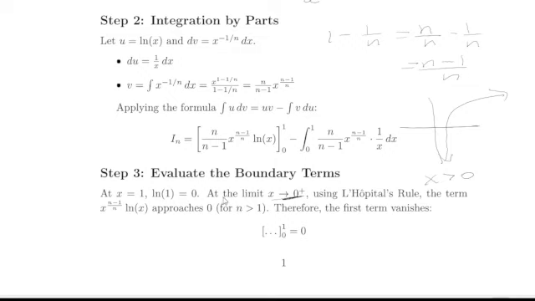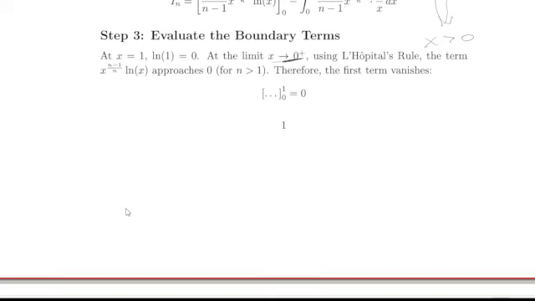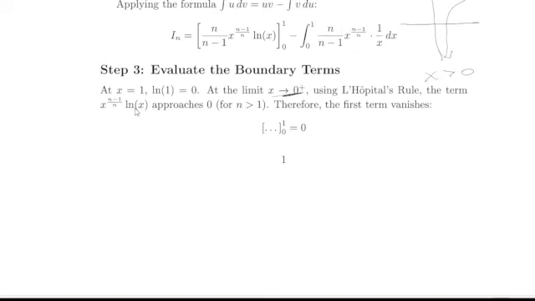The term x raised to n minus 1 over n times natural log x approaches 0 when n is greater than 1. Therefore, the first term vanishes. So when you plug in x equals 0, it's just 0. And so you just need to focus on natural log x, but that's going to go wherever, and 0 times that is just 0.